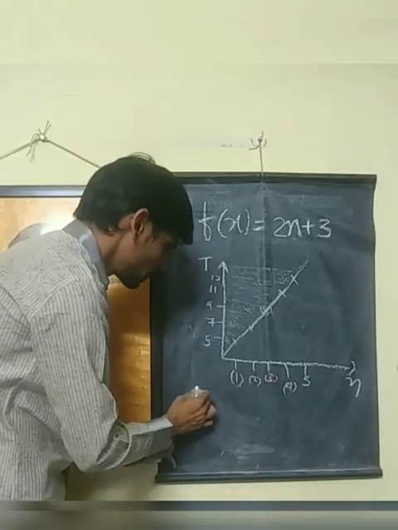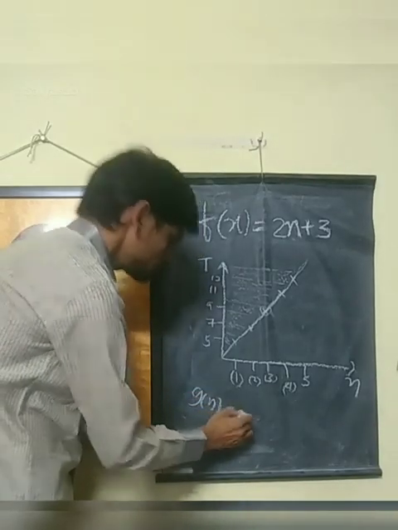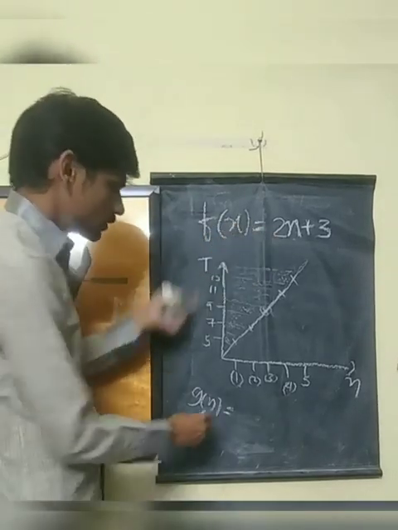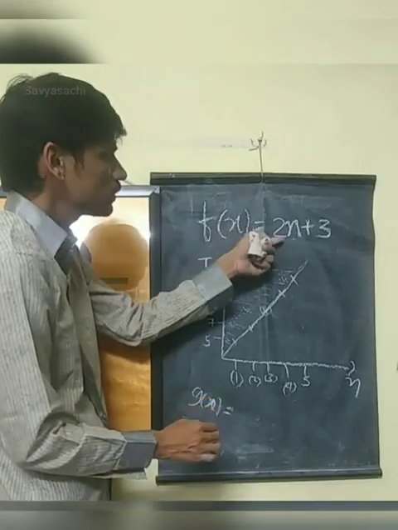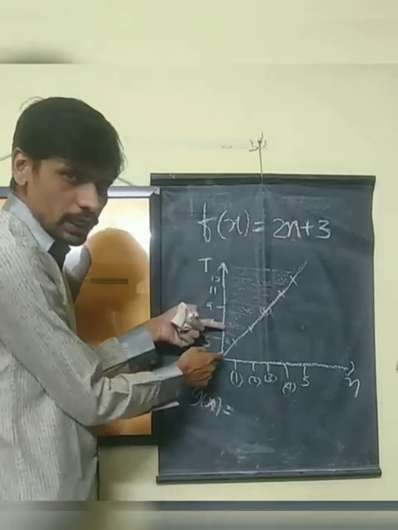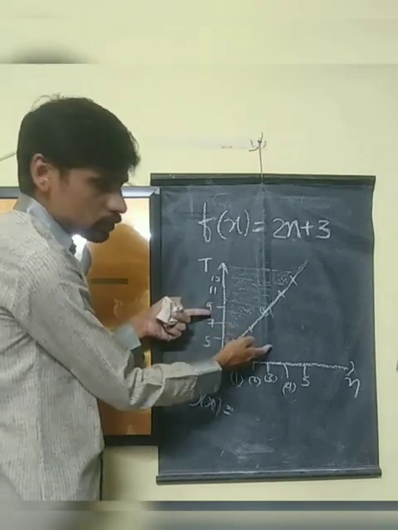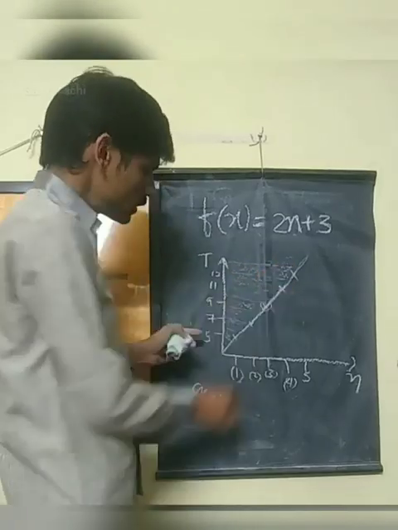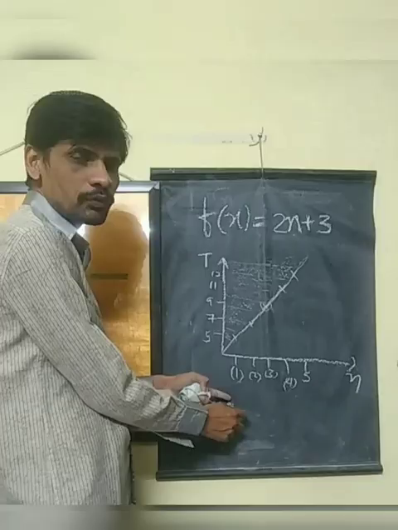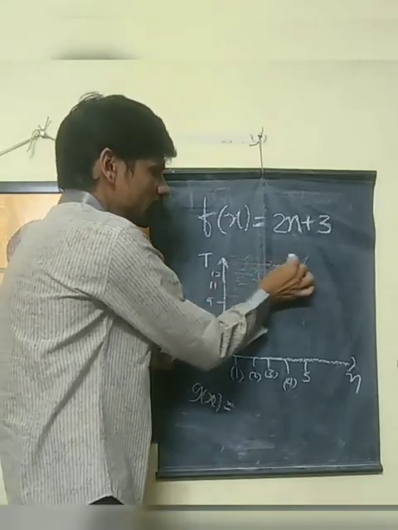Let's take my g of n. So what is my f of x? f of x equals 2n plus 3. So I want to create a line on top of this line, not below this. So now my goal is, I want to find a function that should always fall here in this area.